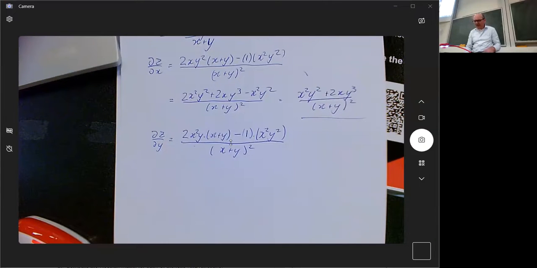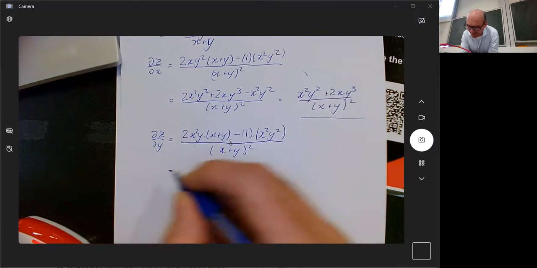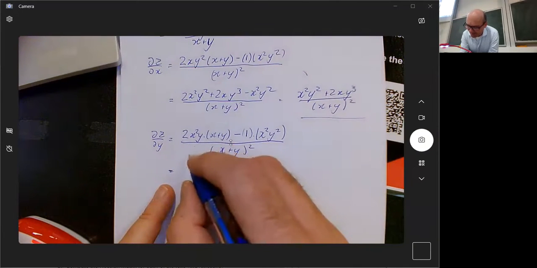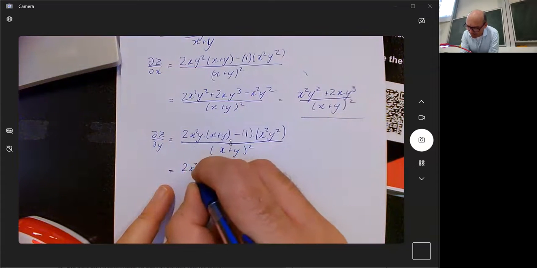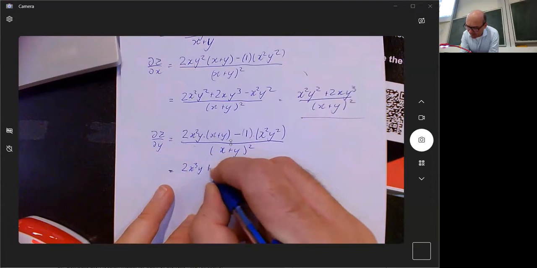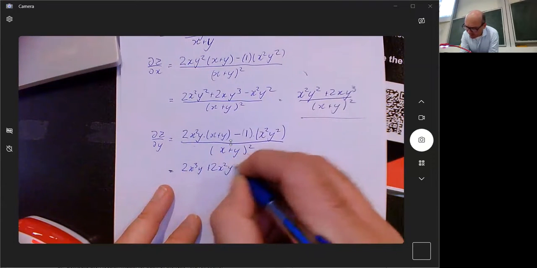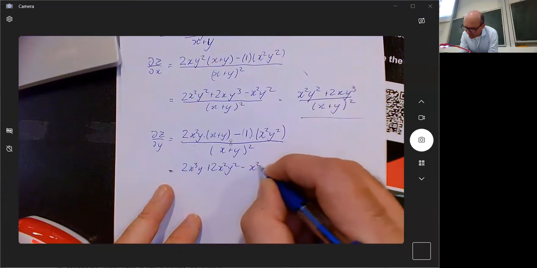I did actually look and go, could I have taken out an x plus y from here somewhere? Possibly I could have, but it wouldn't have worked. So expanding this out, 2x cubed y plus 2x squared y squared minus x squared y squared.